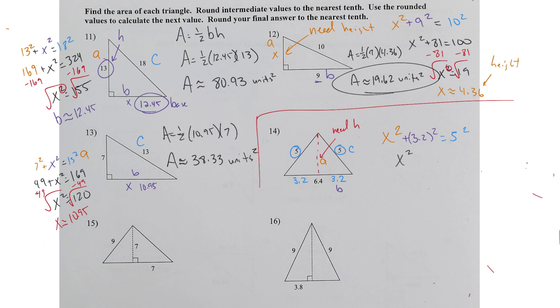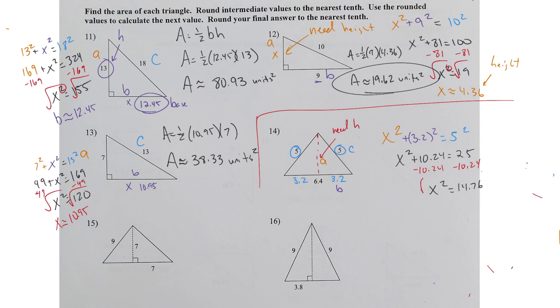So I have x squared plus 10.24 equals 25. Now remember, I'm going to subtract 10.24 from both sides. So I have x squared equals 14.76.